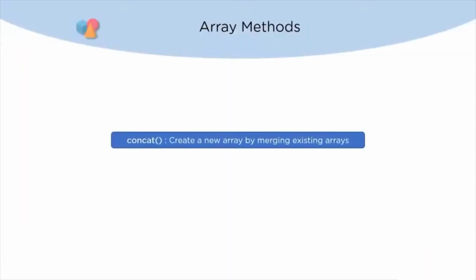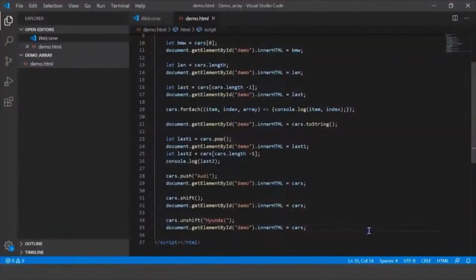Alright, moving on, the next method is the concat method. This is basically used to merge two different arrays. So let's go back to our VS Code and create another array first. Let's call the array bikes, and let's create Yamaha, Suzuki, and then Royal Enfield.